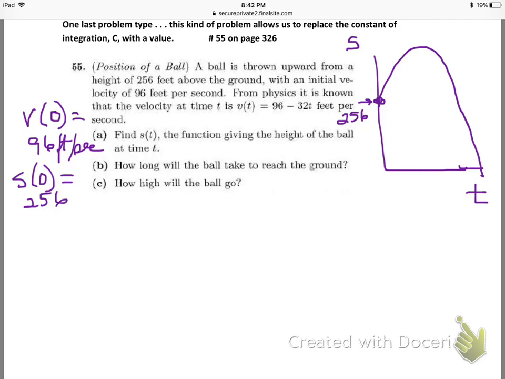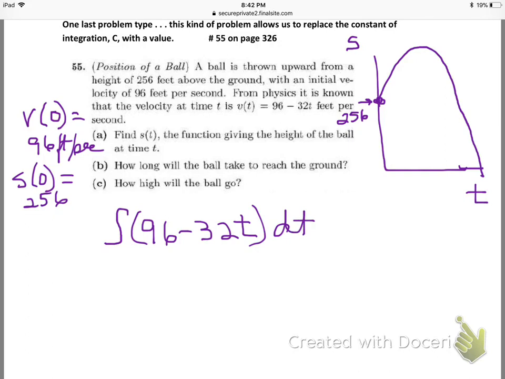They want me to find the position function, which is s(t). So what you have to recognize is that v(t) is the integrand. So put this behind the integral symbol. Okay, my variable is t, so I'm going to say dt and not dx.